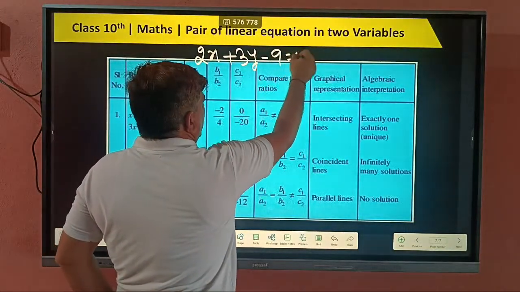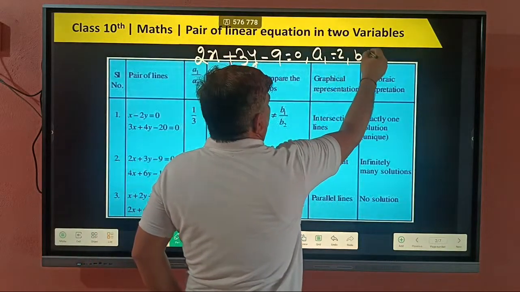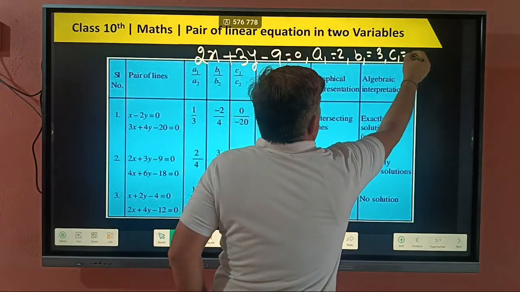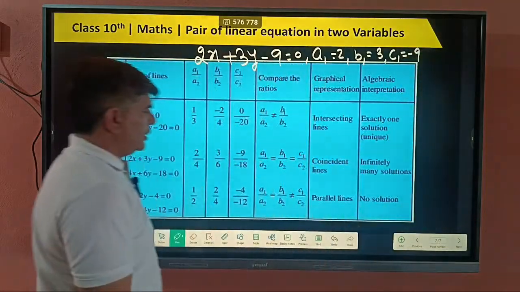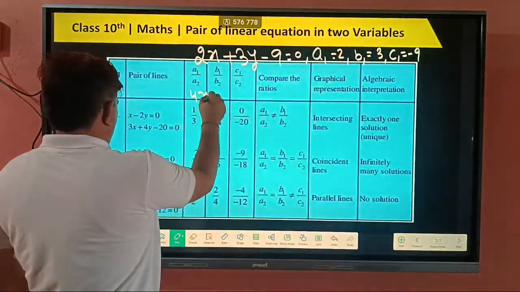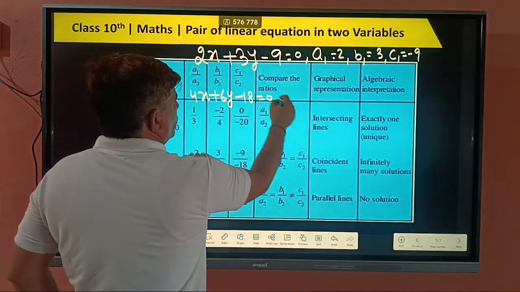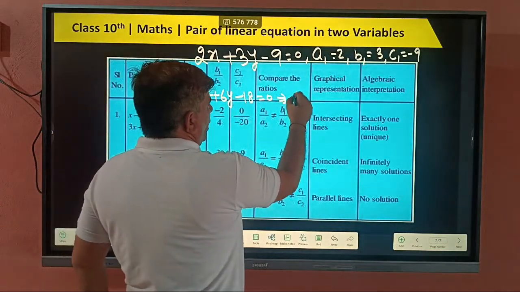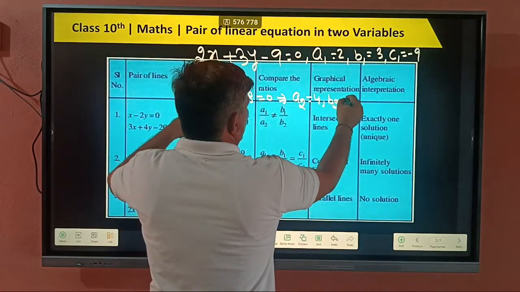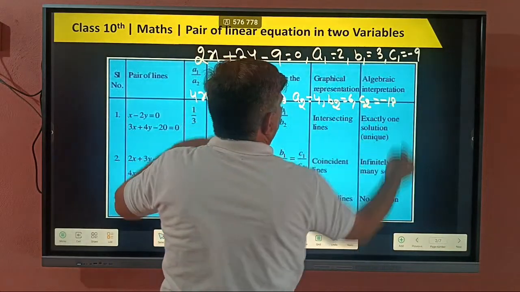If you compare this, what's your A1? 2. What's your B1? 3. What's your C1? Minus 9. Then one more equation, 4x plus 6y minus 18 equal to 0. Its meaning: A2 is 4, B2 is 6 and C2 is minus 18.